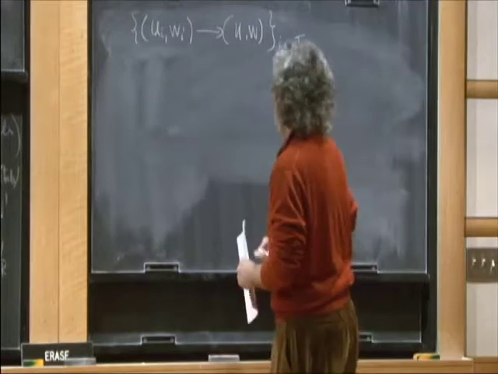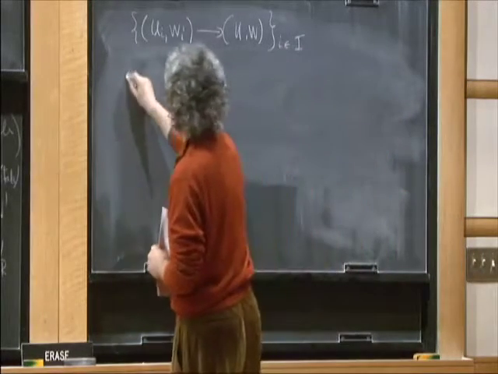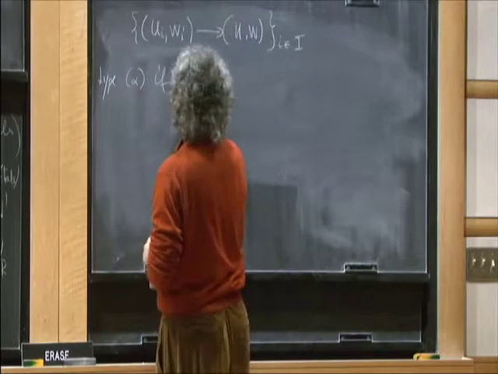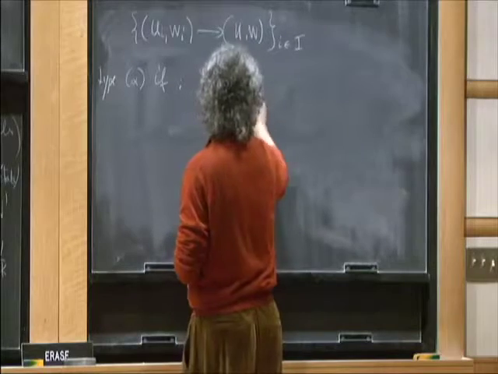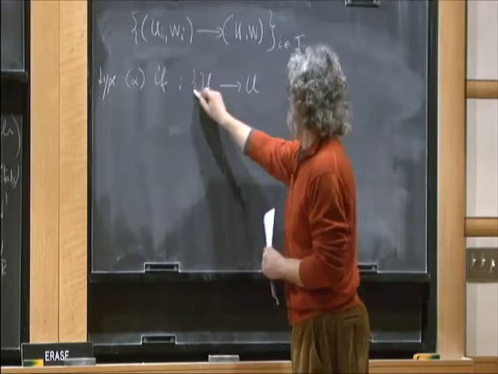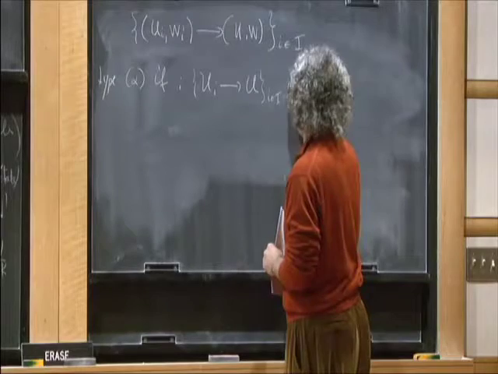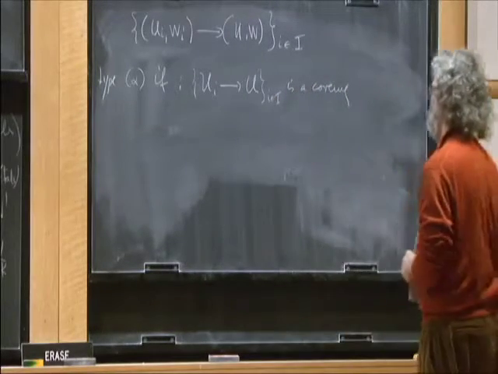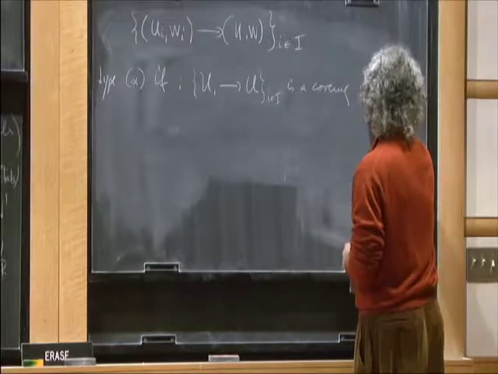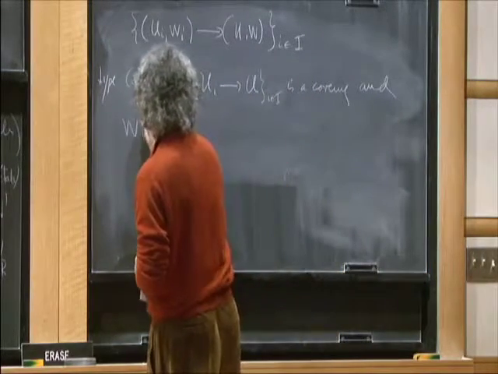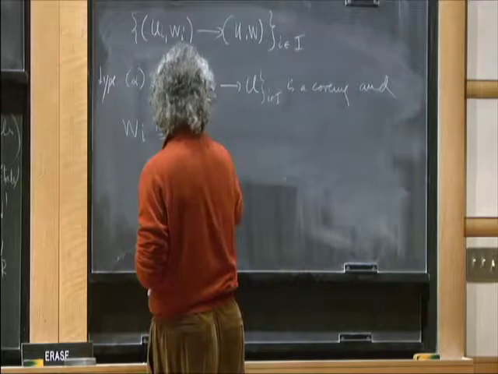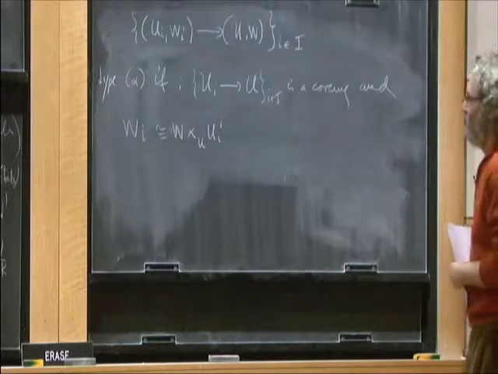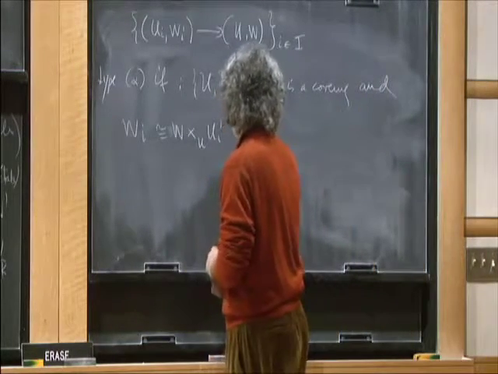We'll say that this family is of type alpha if U_i to U is a covering in the Kummer log étale topology of U, and W_i is isomorphic to W fiber product over U with U_i, for all i.